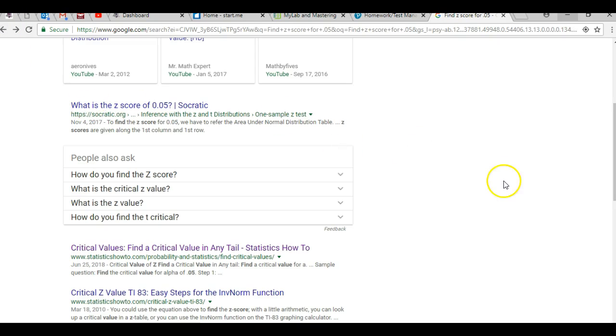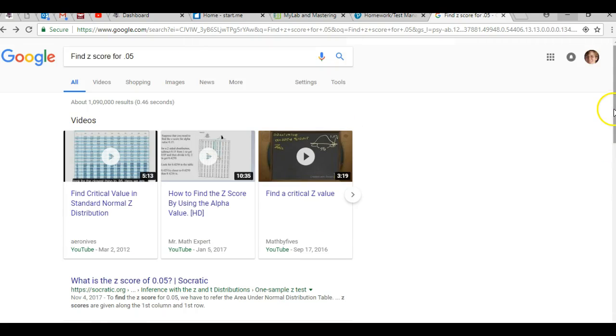I typed in as a query: find the z-score for a 0.05. When I did that, I came up with finding the critical value. This is actually a table or a video. It shows you how to use that table, which is what I just did.